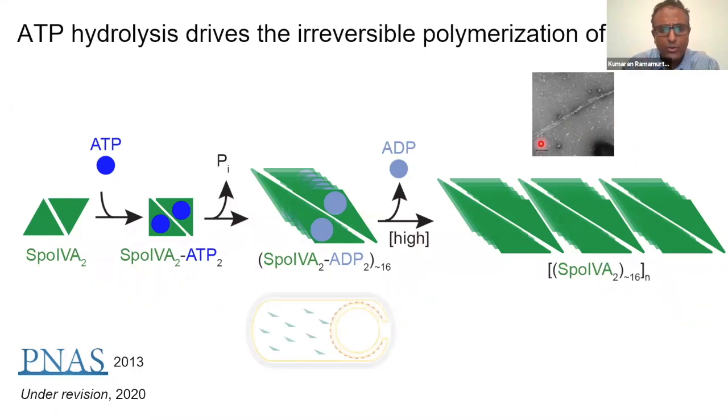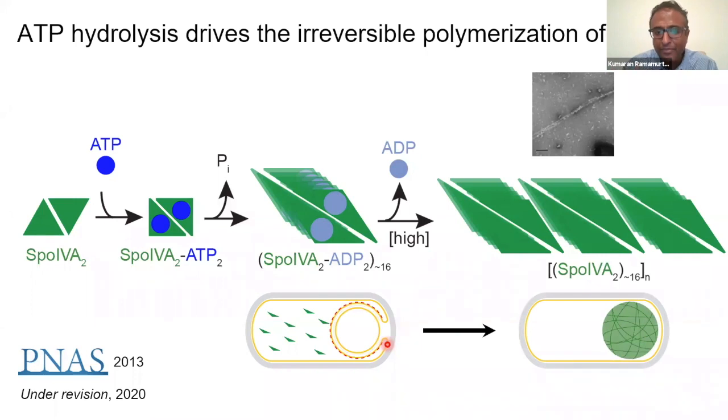So in vivo, this is what we think is happening. This protein is made in the mother cell cytosol. It quickly undergoes these conformational changes because there's plenty of ATP in the mother cell cytosol. But once it gets to the surface of that forespore, recruited by SpoVM, we think that that causes a local concentration increase in SpoVA, which allows it to polymerize at the correct place and the correct time.